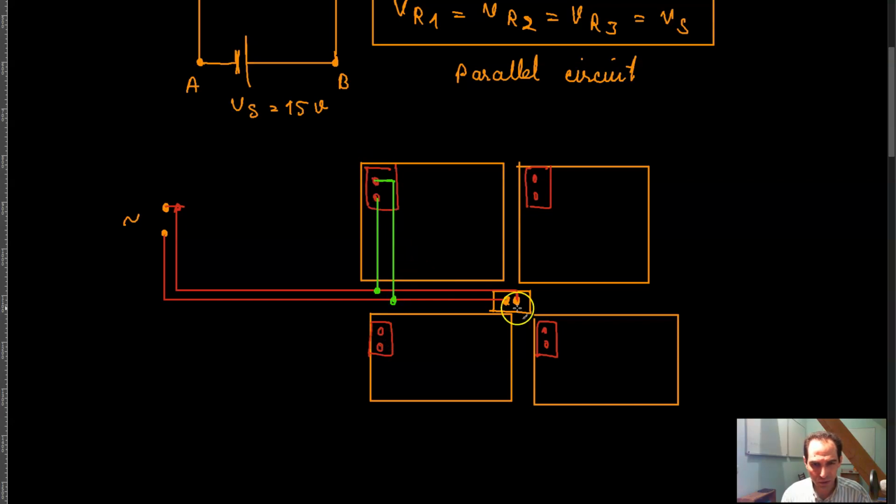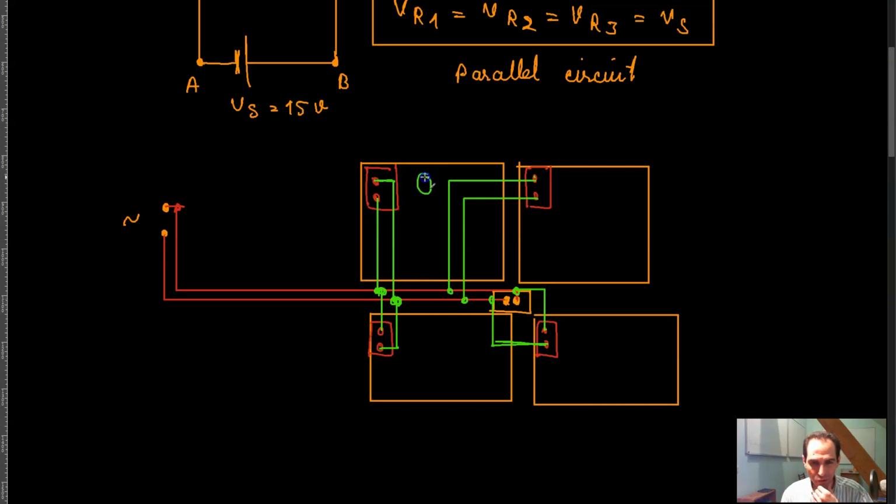Actually they should be connected to the terminal directly here, but for the sake of simplicity, I'm connecting them directly to the mains here, and also here, and also here. Now all of these terminals are connected to the mains.